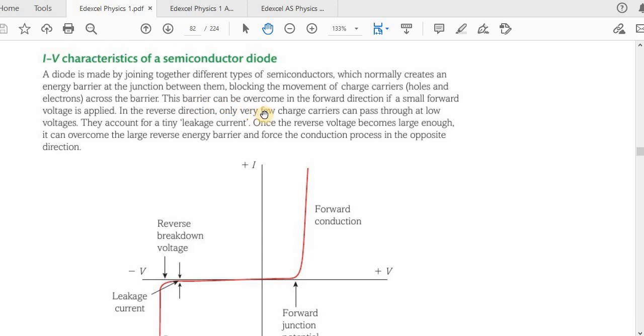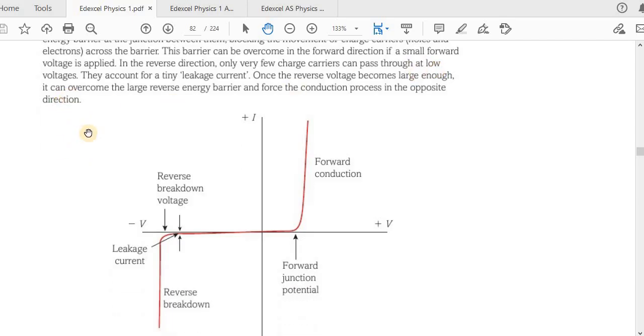So this barrier can be overcome in the forward direction if a small forward voltage is applied. In the reverse direction, only very few charge carriers can pass through at low voltages. They account for a tiny leakage current. Now you can see once the reverse voltage becomes large enough, it can overcome the large reverse energy barrier and force the conduction process in the opposite direction.